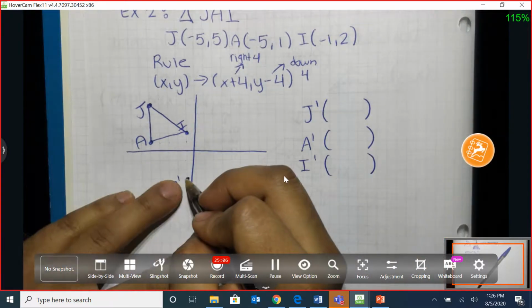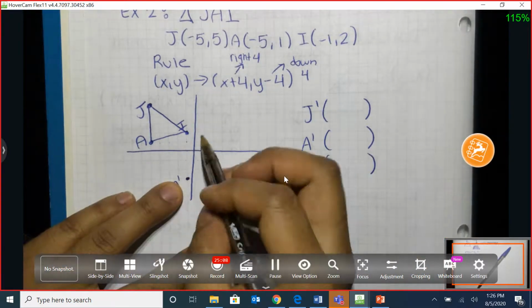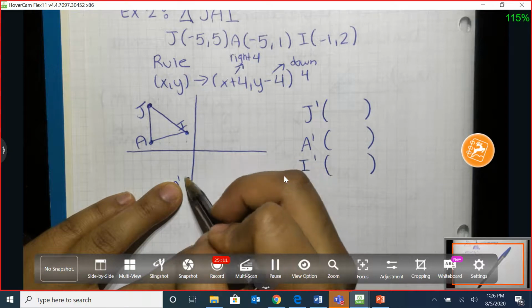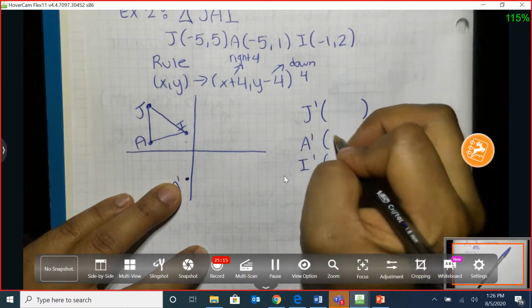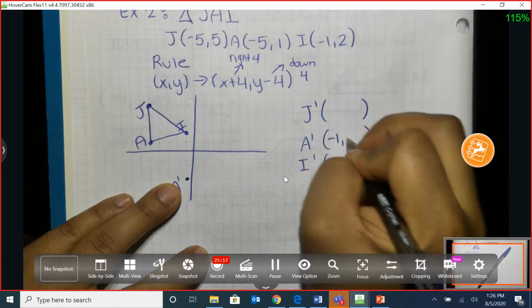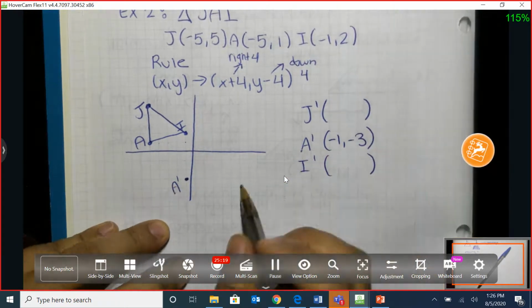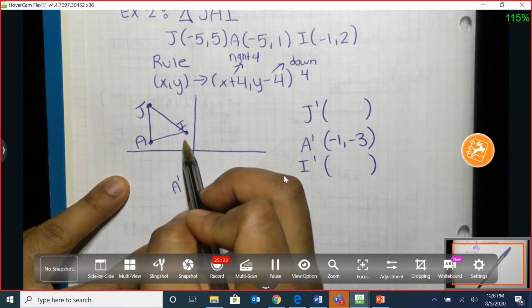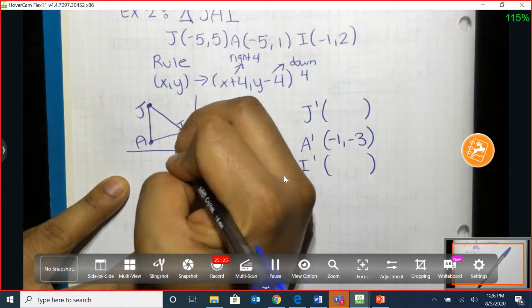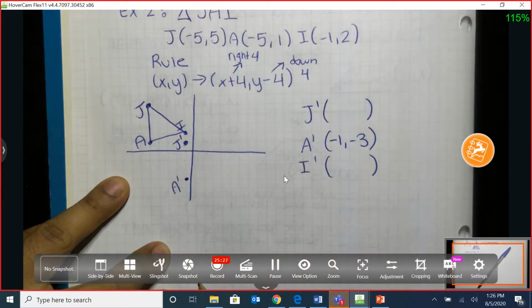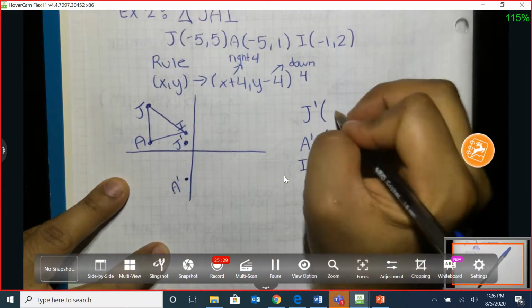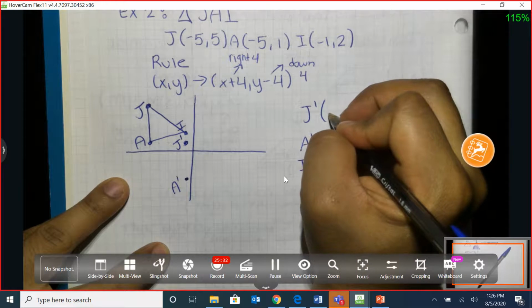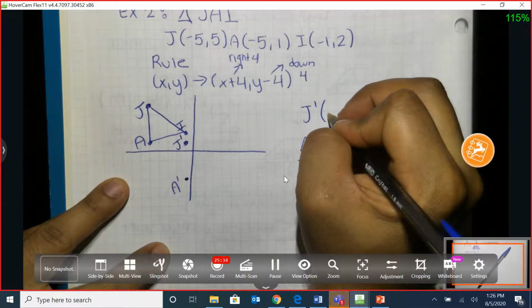So down 3, but so it would be -1, -3, right? Remember from yesterday's lesson? Okay, -1, -3. And then for J prime, I'm going to go 1, 2, 3, 4. 1, 2, 3, 4. Where did J prime land, guys? 3, 0.